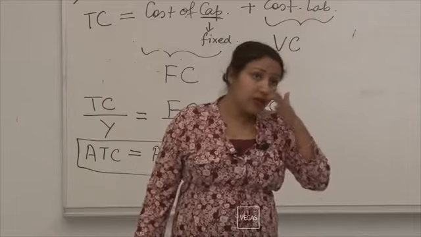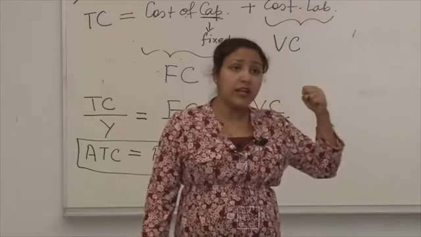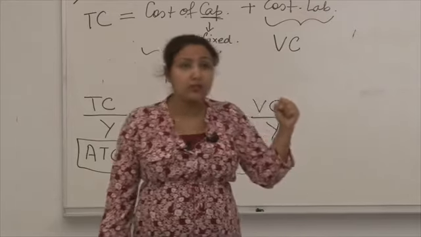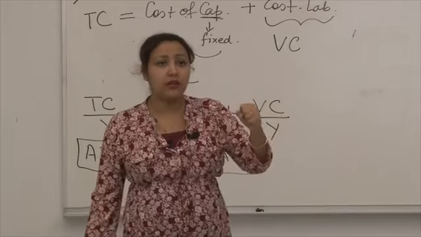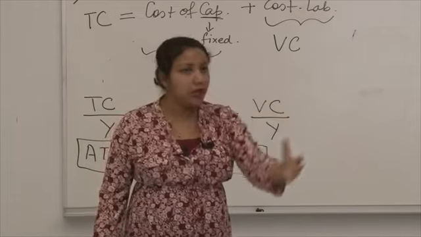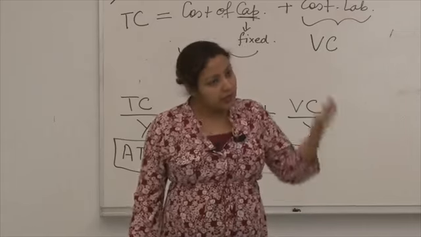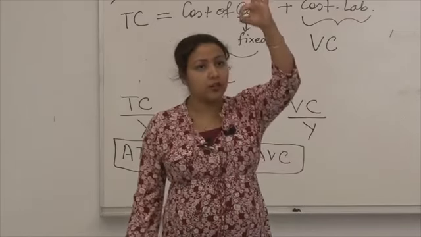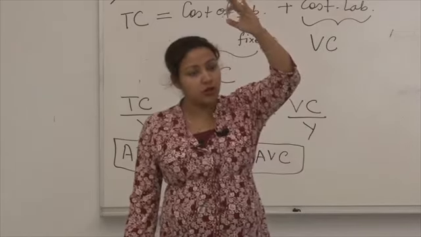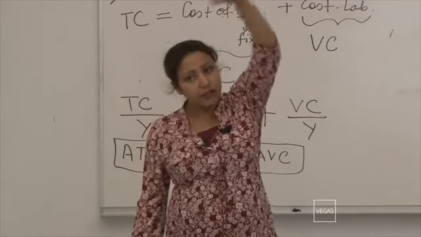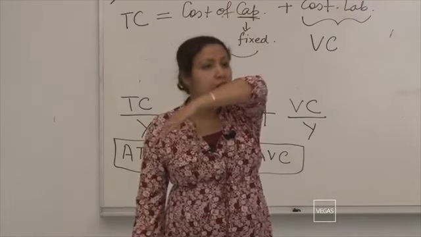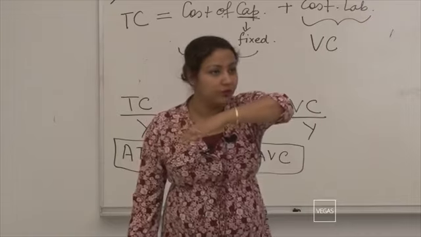But I don't know anything about their productivity, but given that I cannot change the number of machines in my factory, the first set of workers that come in are going to be highly productive, but then there will be a point where their productivity peaks. Remember that marginal product curve, the peak, and then after that point the marginal product of the next set of workers is going to start diminishing.